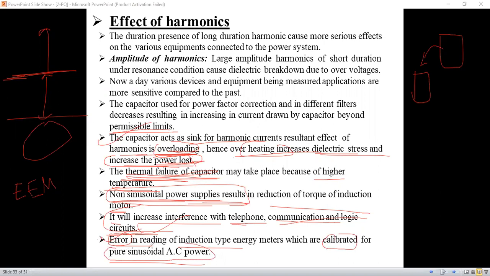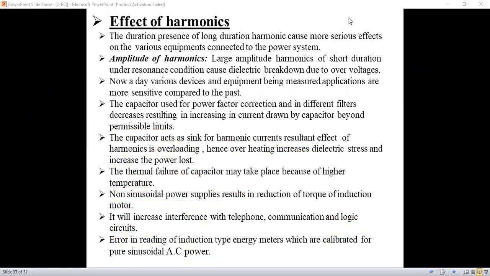Because of the harmonics, whatever input we have given, the non-sinusoidal power supply, it will create an error. So these are the effects of harmonics.